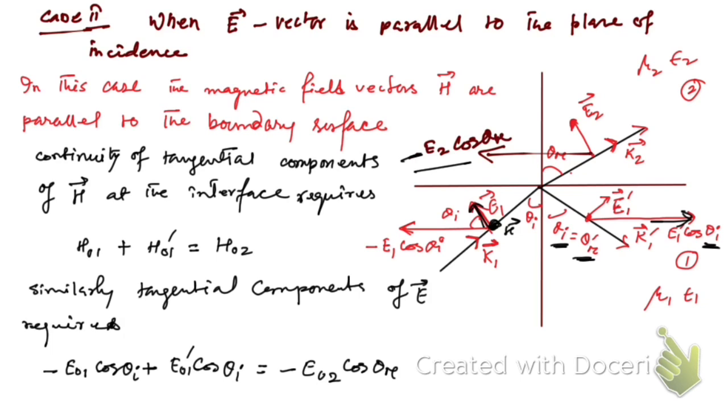So now this can be rearranged and simplified, and doing so, what we can write is E01 minus E01 dash, taking cos theta I common and multiplying the negative sign on both sides, then we're going to get positive E02 cos theta r.